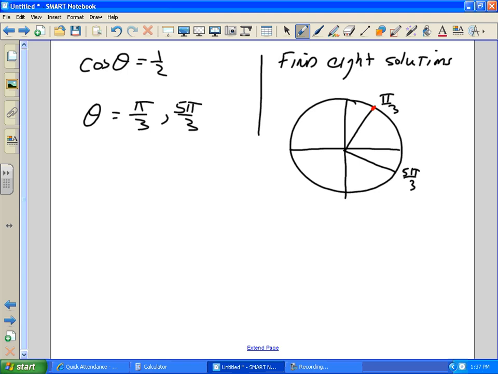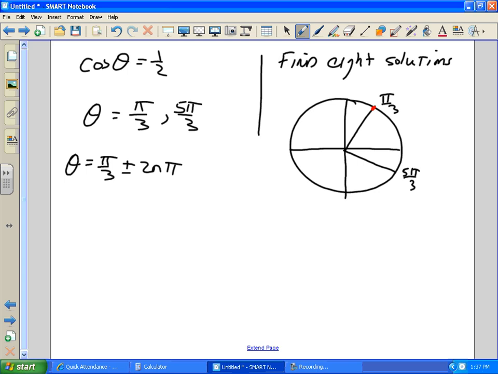Yes, sir. So we could say that theta is equal to pi over 3 plus or minus 2n pi. What does the plus mean? I'm going in the counterclockwise direction, 2 pi. What does the minus mean? I'm going in the clockwise direction, 2 pi. If I take a full spin of 2 pi in either direction, won't I be back at pi over 3?